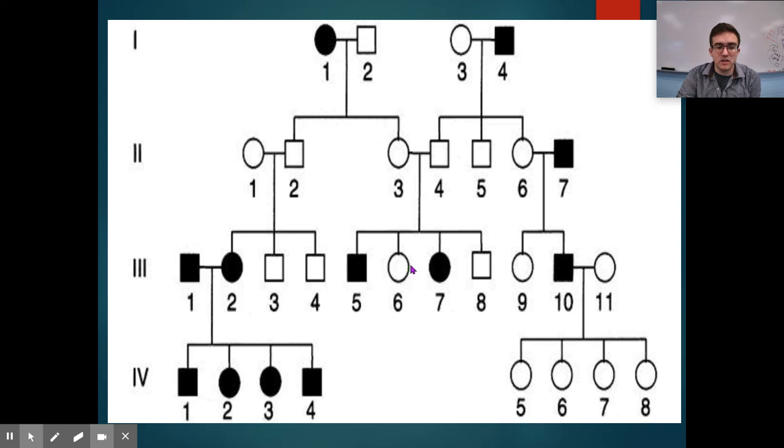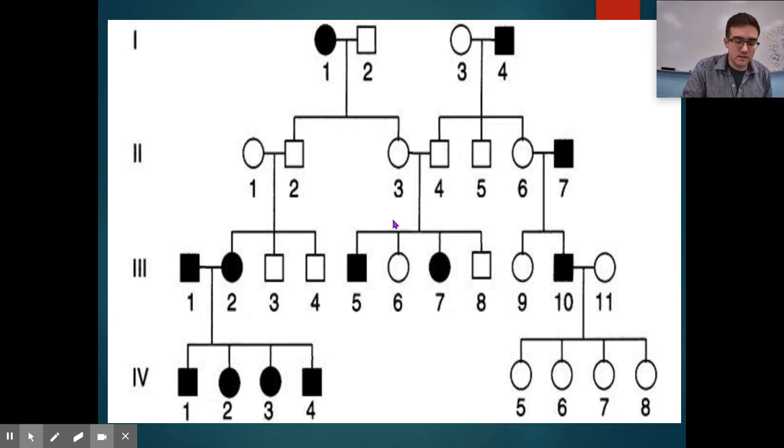But by figuring out that this trait is recessive, we know that both of these parents have to be carriers. They're not affected by the trait, so they're not homozygous for it, but they are carriers because the kids have it. So if we were filling in this pedigree, we would go back in and shade in only half of the circle or half of the square to show that they're autosomal carriers.